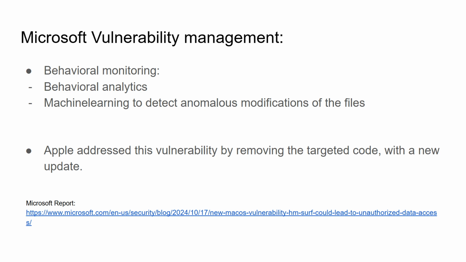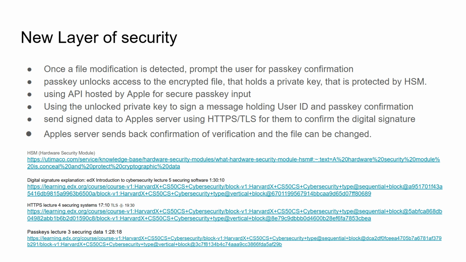So Microsoft implemented behavioral monitoring, using behavioral analytics and machine learning to detect anomalous modifications of the files. Apple addressed it by removing the vulnerable code with an update. But this could be addressed with methods mentioned in the Introduction to Cybersecurity course.